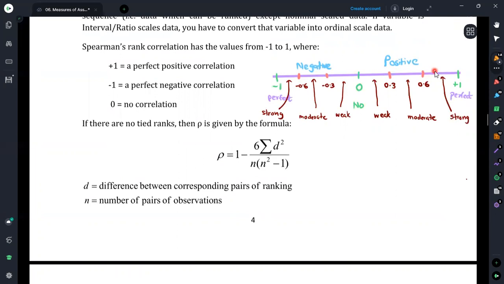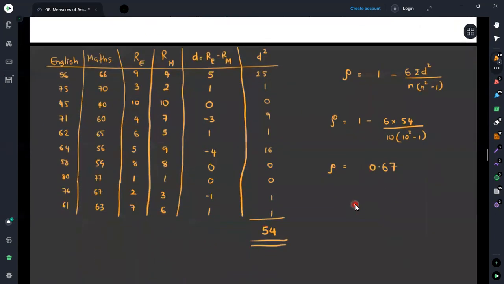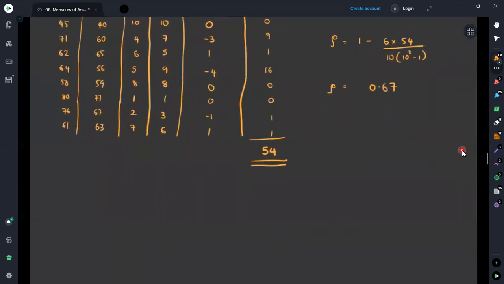Therefore, we can say that there is a strong positive relationship between the marks for English and mathematics.